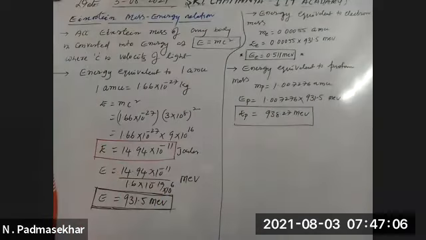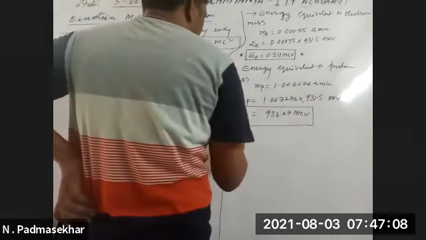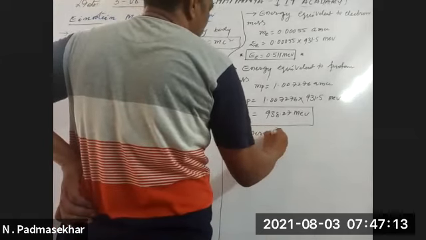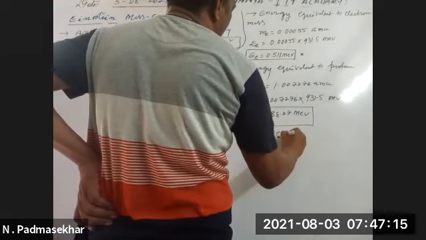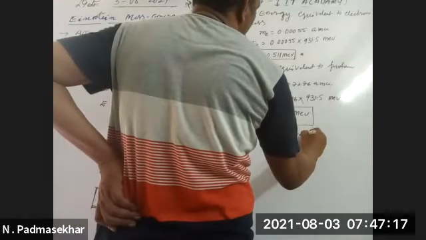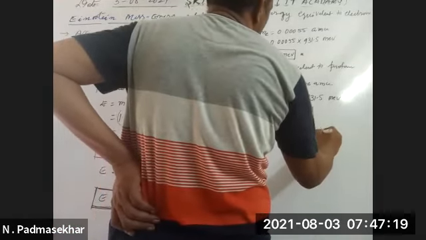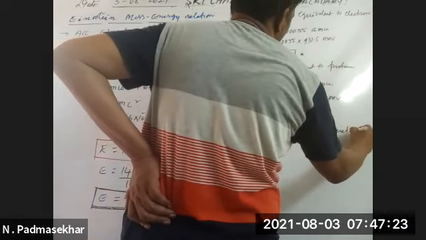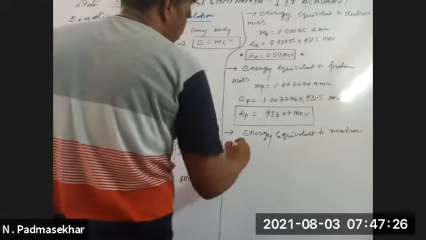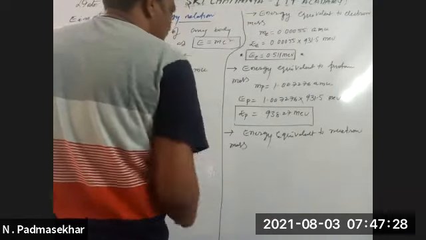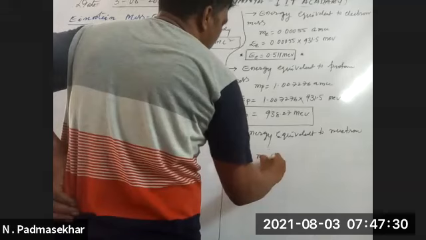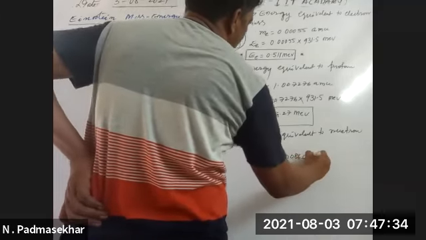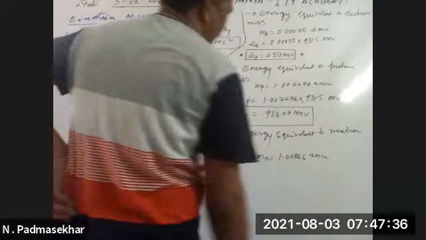Now the energy equivalent to neutron mass. You know, the mass of the neutron is 1.00866 AMU.